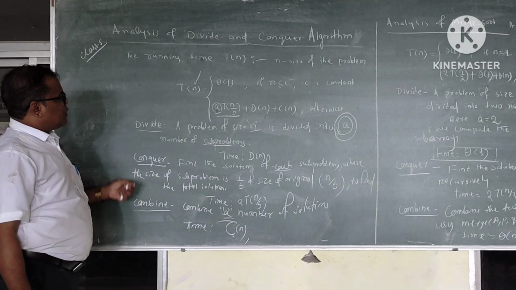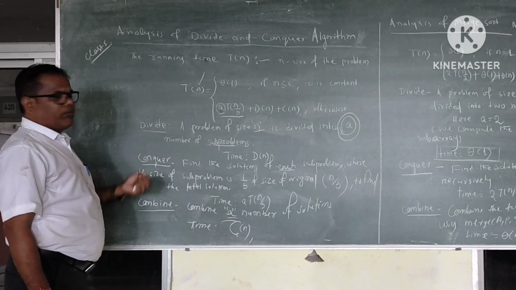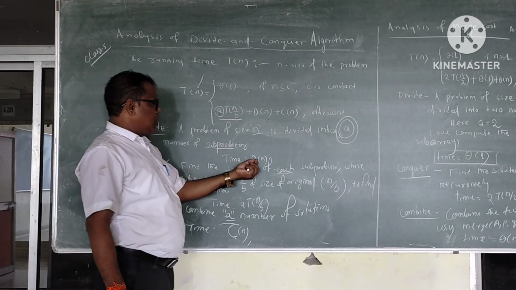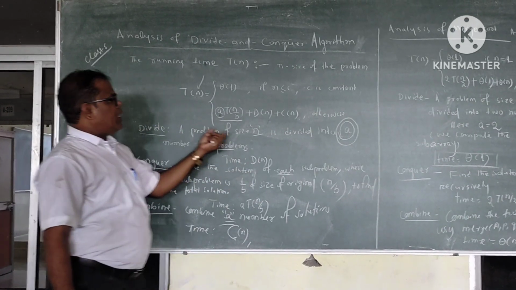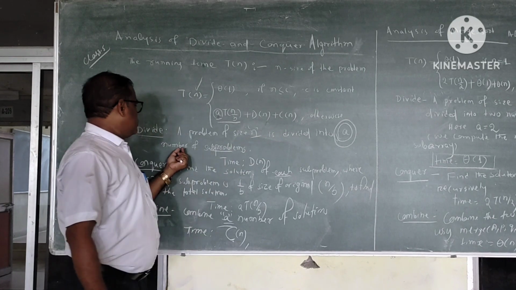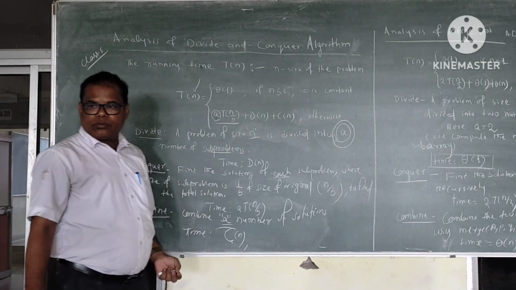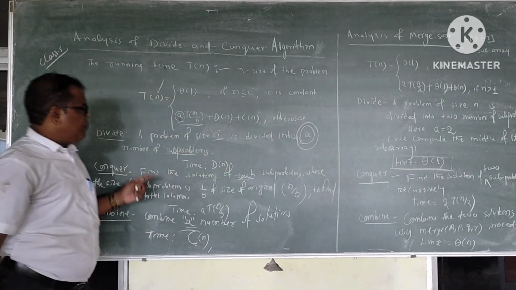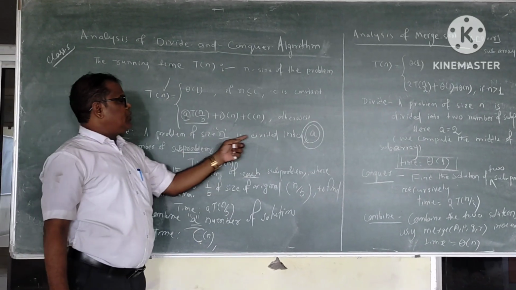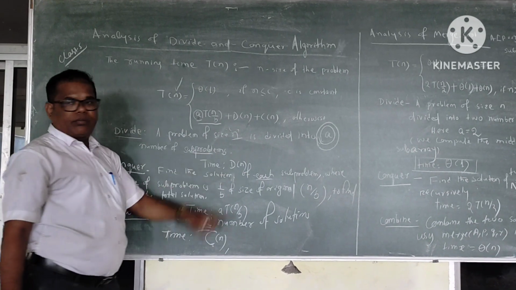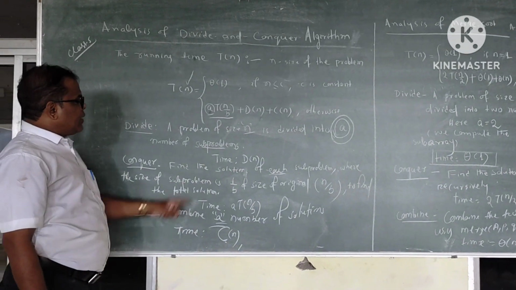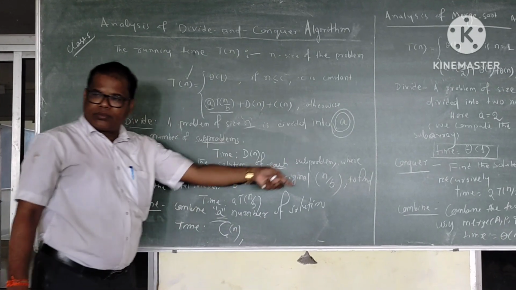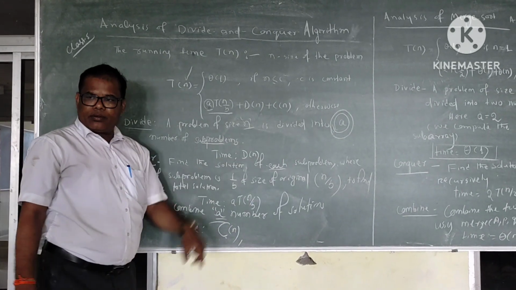Now let us explain what exactly this means. Divide: a problem of size n is divided into a number of subproblems, say a subproblems. Dividing a problem into subproblems, we define as D of n.